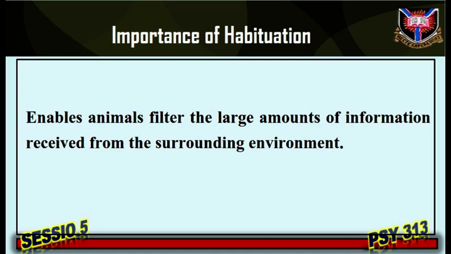But not all of these stimuli are important to the survival of the organism. Therefore, it becomes necessary that the animal should discriminate between stimuli in their order of importance so that it does not expend energy in an attempt to get used to all stimuli. By habituating to less important signals, an animal can focus its attention.